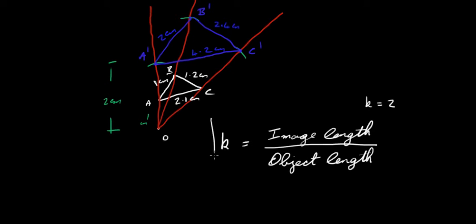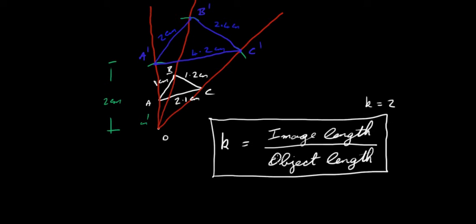Now, this is an important formula in this topic. You can see you have 3 things in this formula: K, an image length, and an object length. So if you have any 2 of these, you can find the third one.